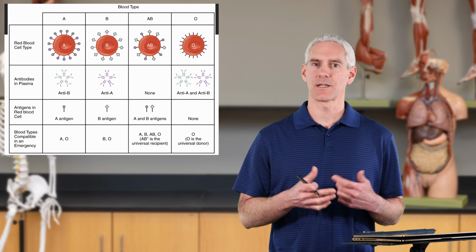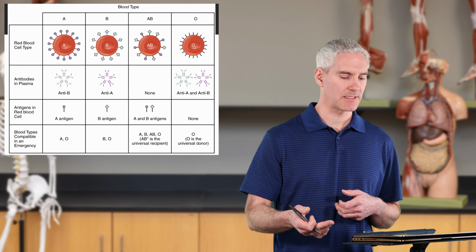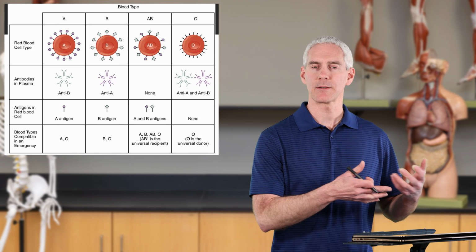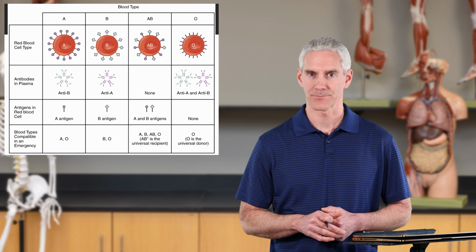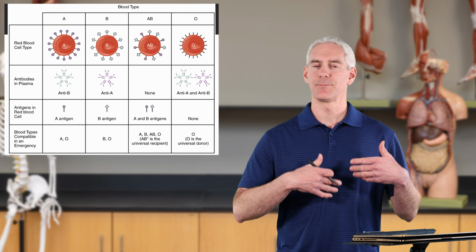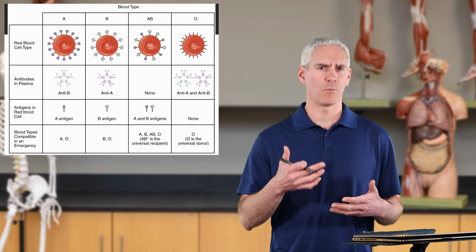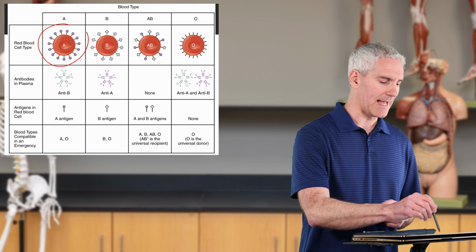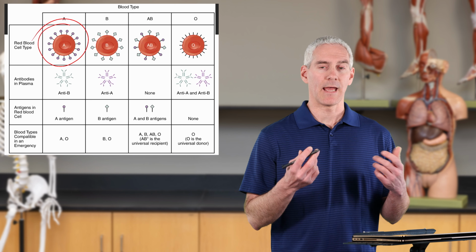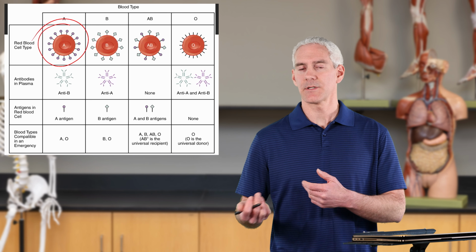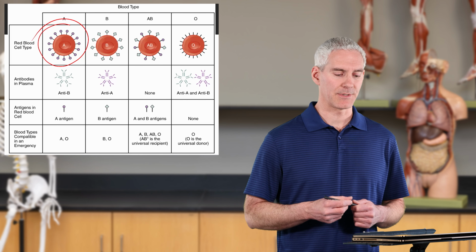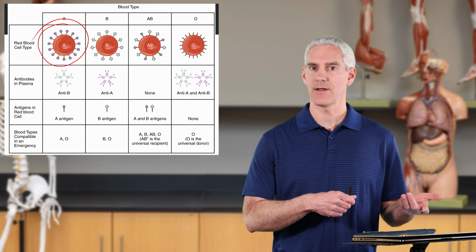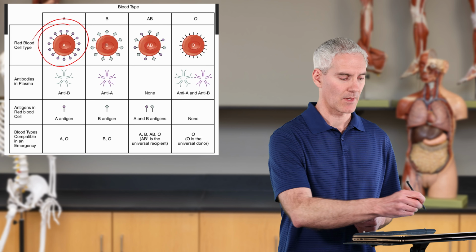This chart tries to summarize things, showing you which antigens are present, which antibodies are present, and what type the blood is compatible with. Because if you're looking into blood donation, you've got to think about which one can accept what. So for example, this A blood, A can accept A and it can accept O. Well, it makes sense because O doesn't have the A or the B antigen.